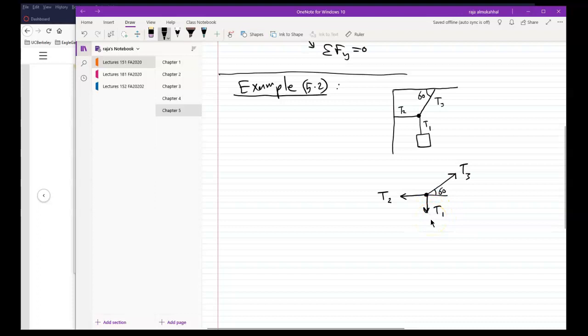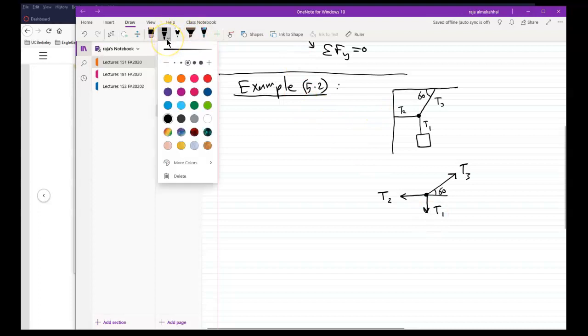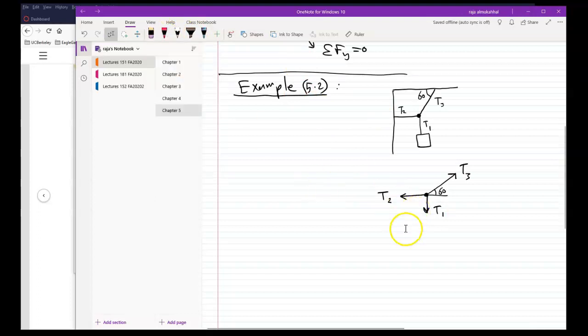Okay. So what I'm going to do, let me change the color. Maybe that will help you visualize that. I like pink, right? You like pink? All right. So T3 in this case has two components. The x component is going to look like that, and that's going to be T3 cosine 60, and then another one like that, and that will be T3 sine 60.